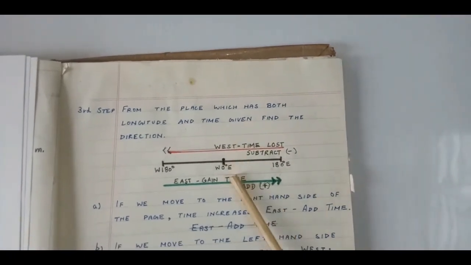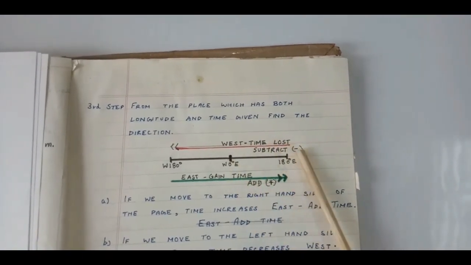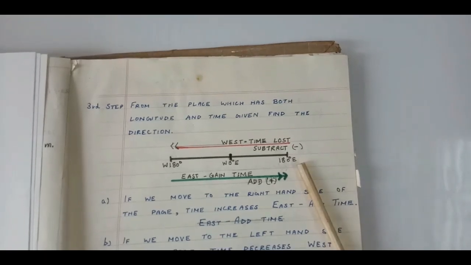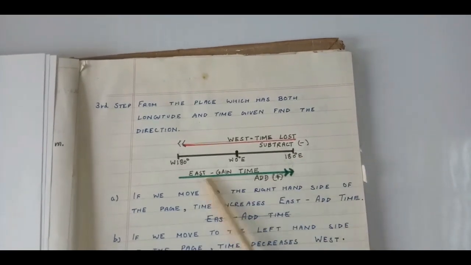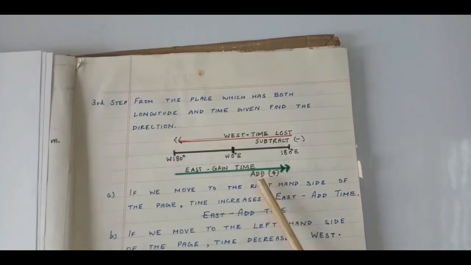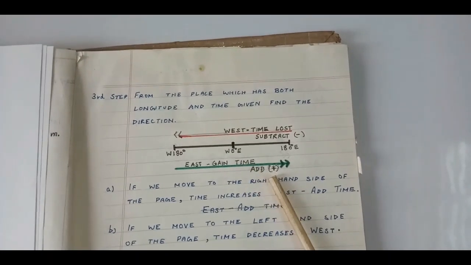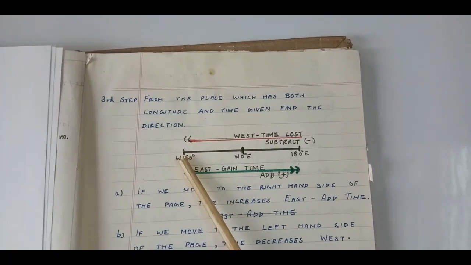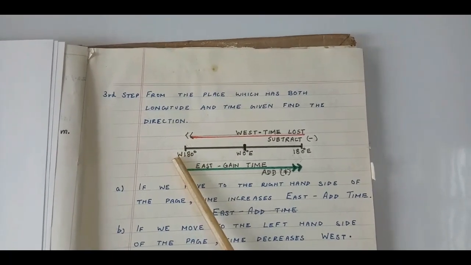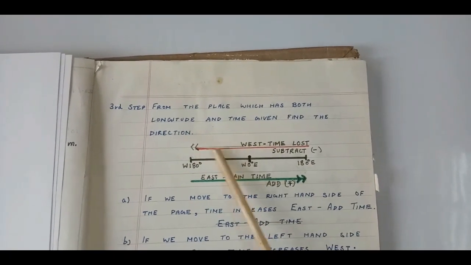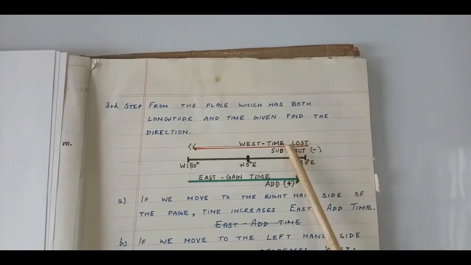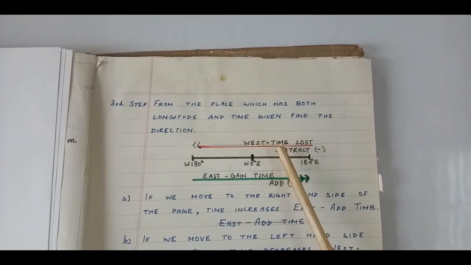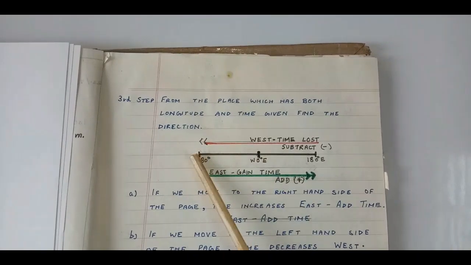So in this case, if the unknown time lies towards the east, that means we are gaining time, and therefore there will be an addition. But if the unknown time lies towards the west, then we are moving towards the west, and there is a loss of time and subtraction will take place.